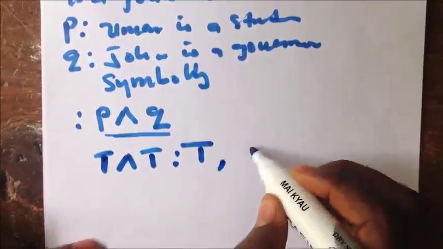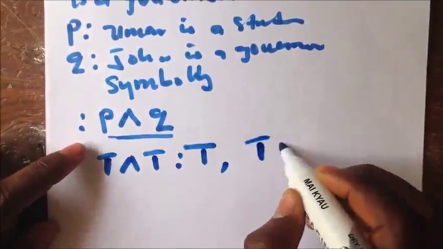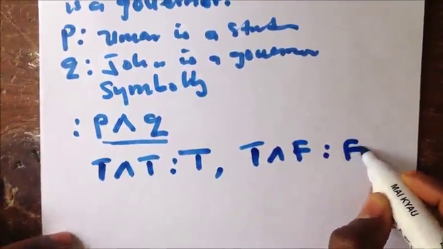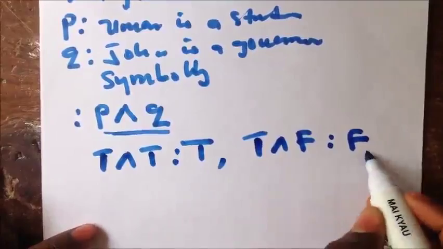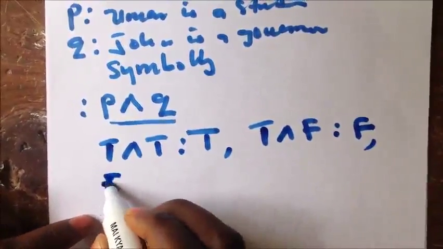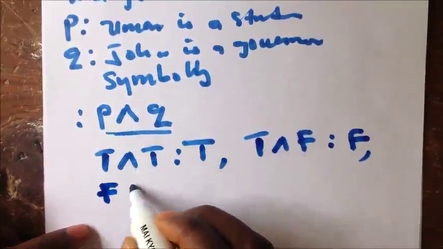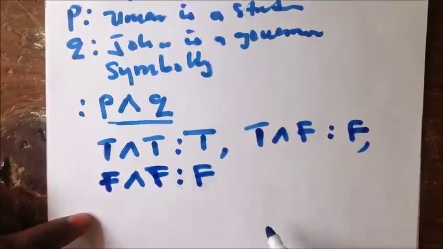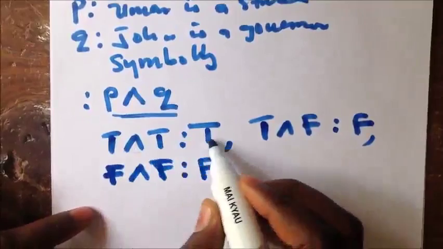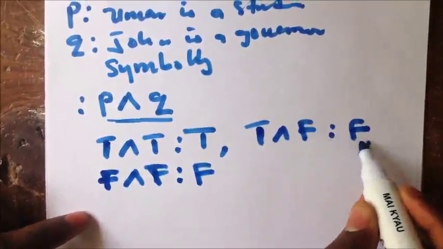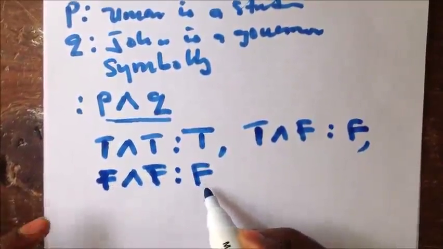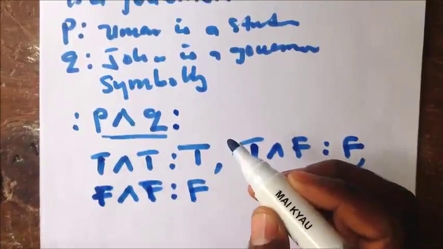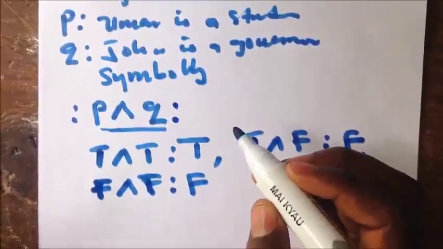But if, let's say, P is true and Q is false, then the statement is false. Meaning true and true is true, true and false is false, and false and false is false. Meaning the conjunction can be true only if both are true. That is what conjunction is all about.